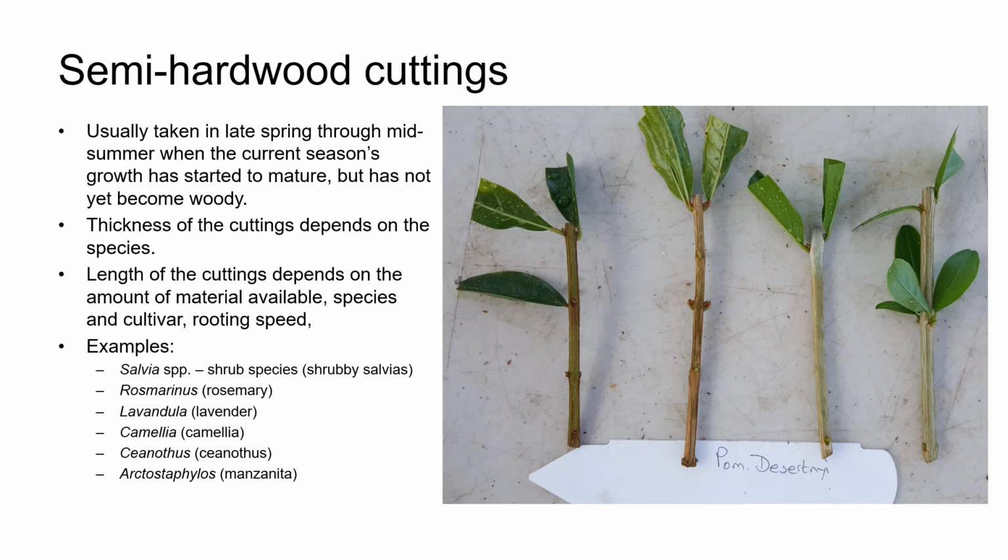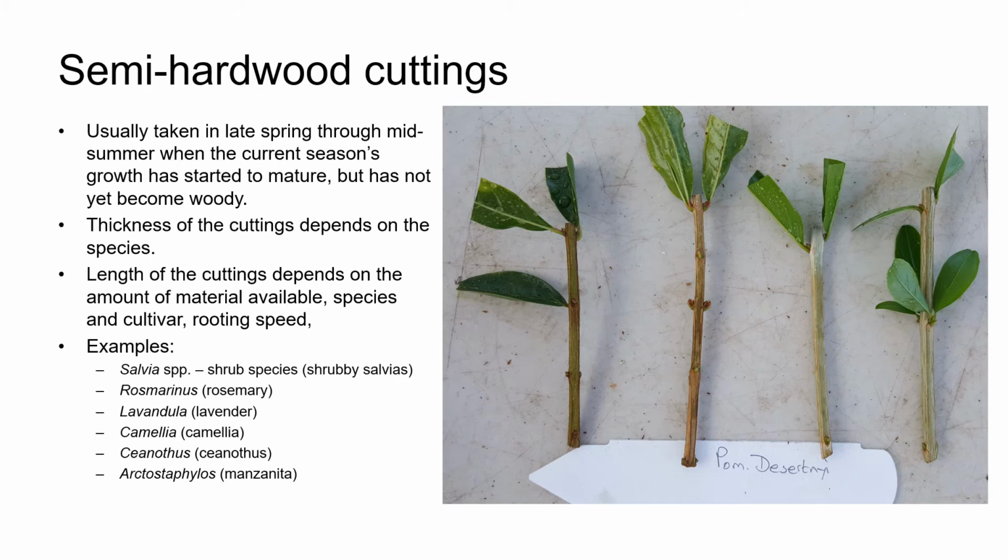Semi-hardwood cuttings are usually rooted under fog or mist, sometimes a combination of the two. Bottom heat between 70 to 75 degrees Fahrenheit can speed up the rooting process, but isn't always essential, especially during the warm summer months in California for many of the easier to root species.